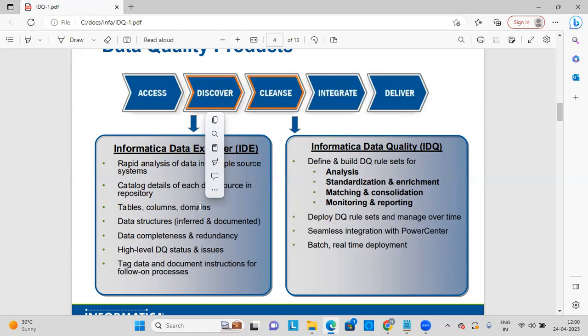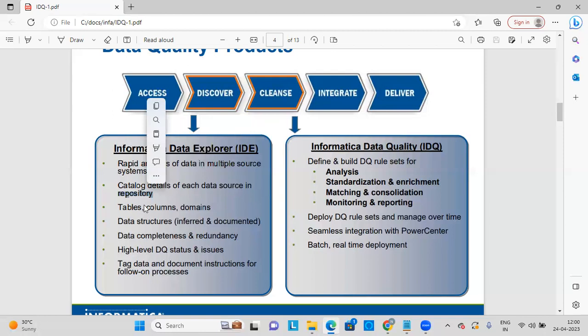In the sense, identify the source media, identify the corresponding columns, then the corresponding domains, and start identifying the issues and try to capture these meta details, like what was identified as an issue, as part of the repository.